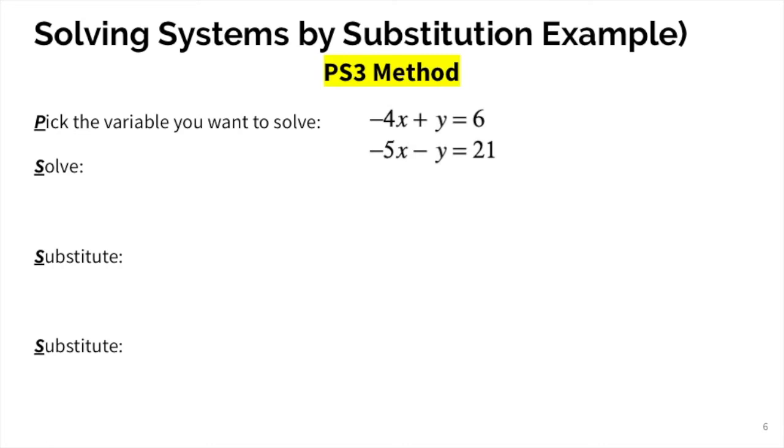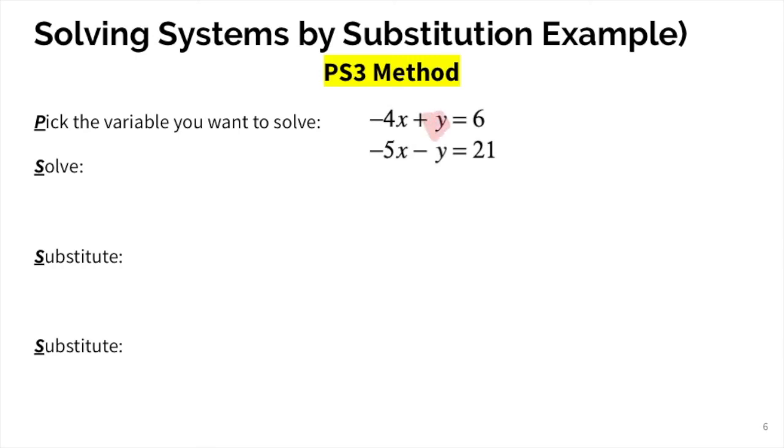Now, if you do not have a variable with a coefficient of +1, then you want to find a variable where you can easily divide out or multiply out by another number so that it can become +1, right? In this example, in my first equation, because my y has a coefficient of +1, that's the variable that I'm going to solve for. So this is what I'm going to solve for.